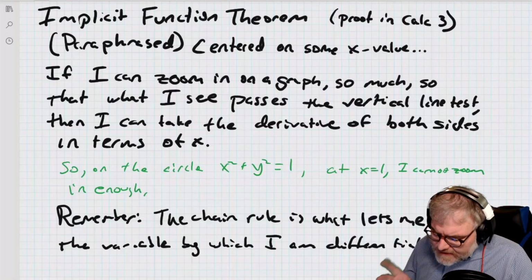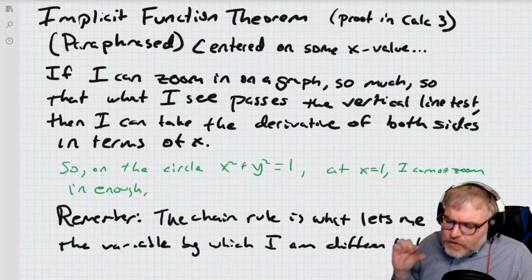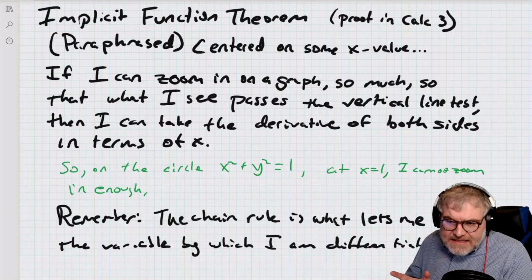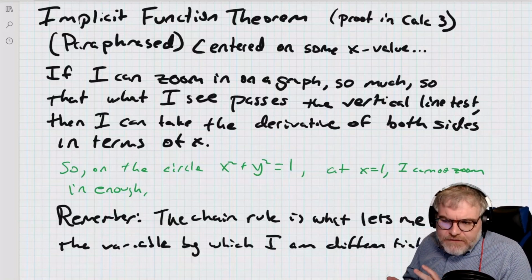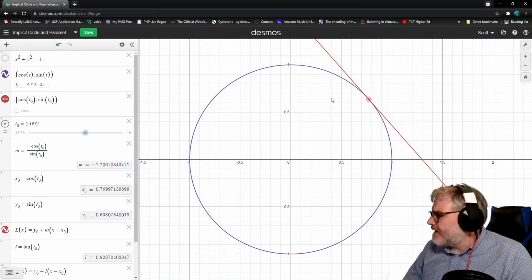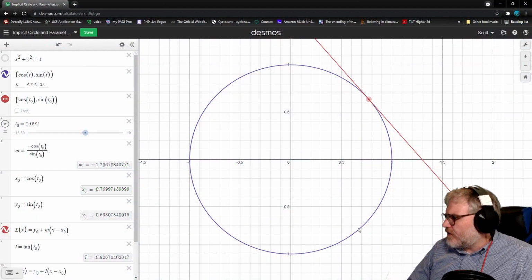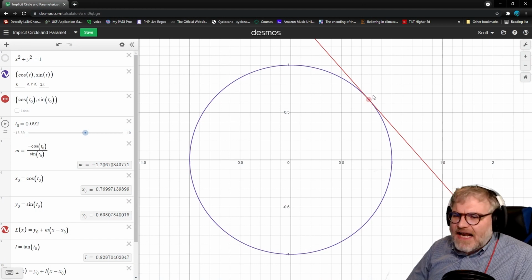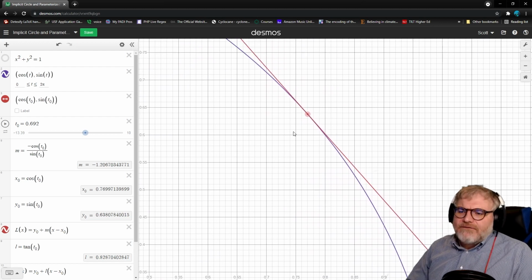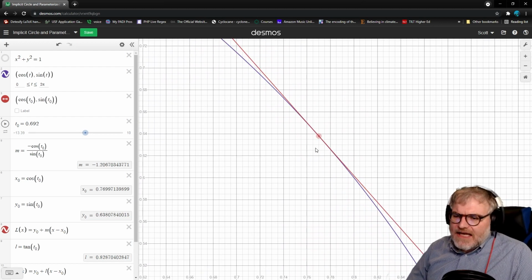If I'm centered on some x value, if I can zoom into the graph so much that what I see passes the vertical line test, then I can take the derivative of both sides in terms of x. So if we look at my circle example again, right? Here, I'm not passing the vertical line test, right? I've got two points here for that x value. But I can zoom in, and look, I've zoomed in enough that now my graph passes the vertical line test.